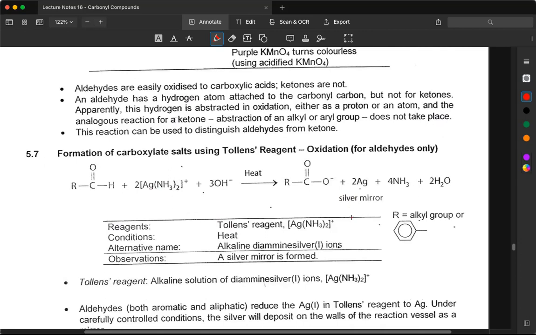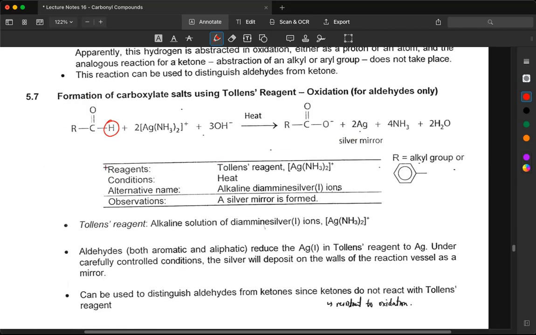Yeah, so this H is taken out, forms water, then NH3 comes out. Yeah, you don't have to know the mechanism in the syllabus. So only aldehyde, not ketone, reduces the silver in Tollens reagent to silver. So under carefully controlled conditions, the silver will deposit on the wall as a mirror. That's why we call it silver mirror.